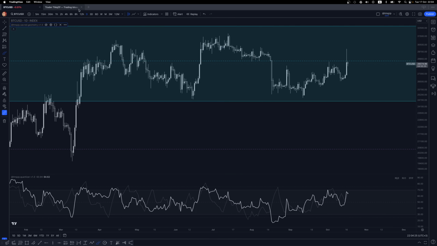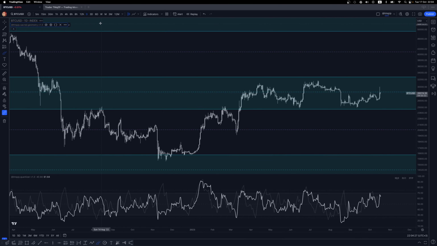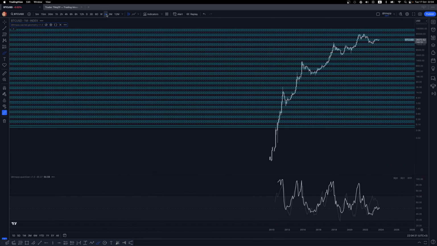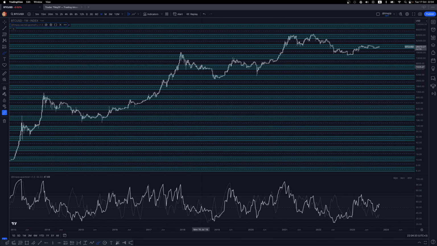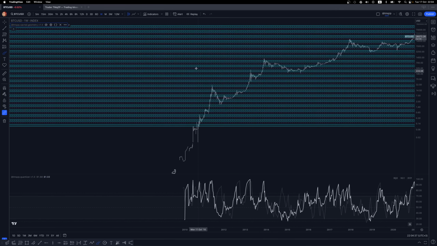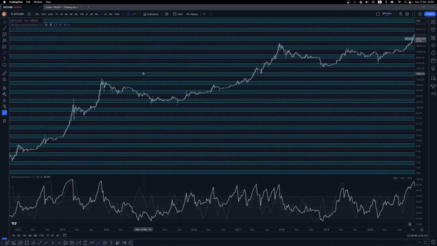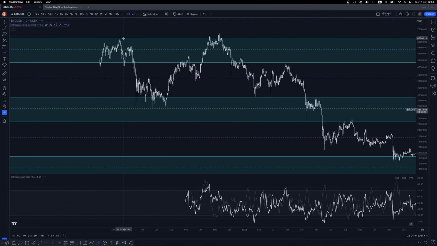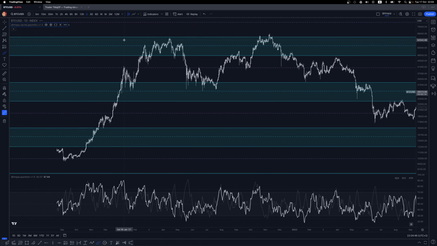Here we go. Does it work on the weekly? I don't remember. Yeah, it does. Monthly as well. All right. These are just levels, and for some reason these levels are highly respected.